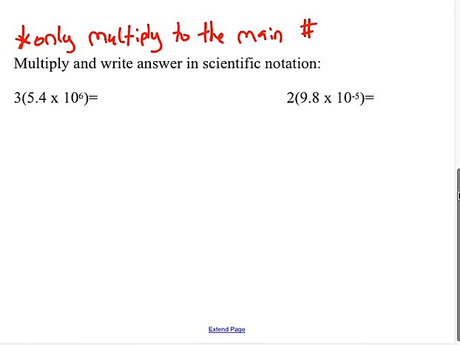Nothing happens to the power of 10. So when you multiply the 3 to the 5.4 times 10 to the 6, the 3 is only multiplying the 5.4, okay?